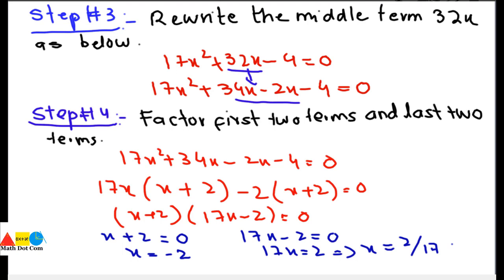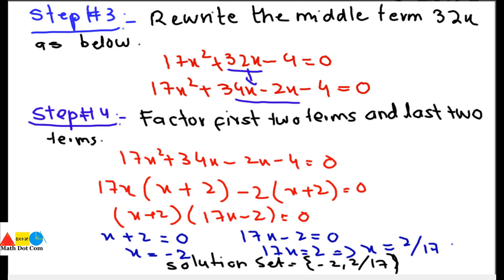So the solution set of this quadratic equation is minus 2 and 2 by 17. This is how we can solve a quadratic equation by using the method of factorization.